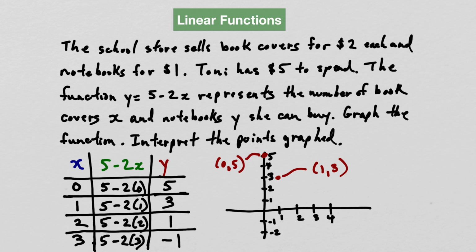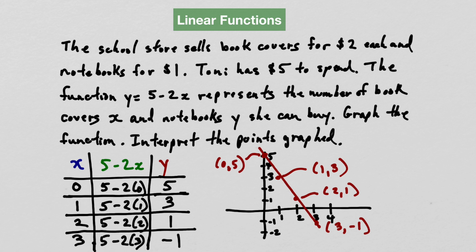And then the next coordinate or point is 2, 1, which is right here. And then the next point is 3, negative 1, which is right here. Okay. So if we were to plot this or graph it, it would look like this.